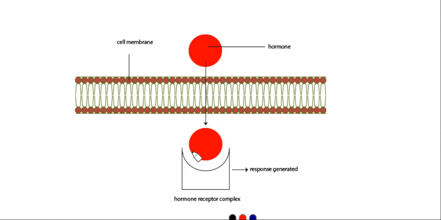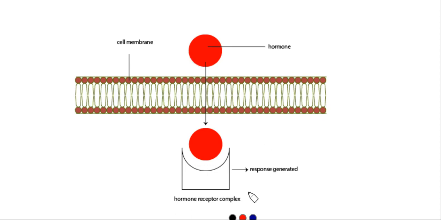It goes through this, and the receptor is present inside the cell, and it goes directly and attaches to the receptor. And when the hormone and receptor complex forms, a response is generated. Usually this response is generated when there is a change in the shape of the receptor, or a chemical such as calcium ions is produced and sent as a signal to the nucleus of the cell.